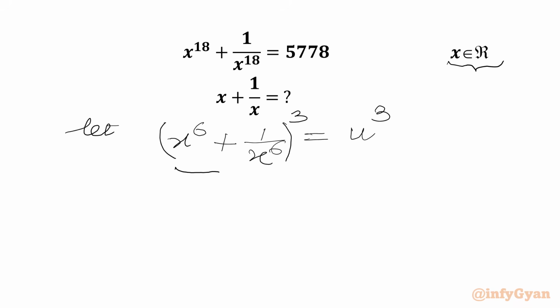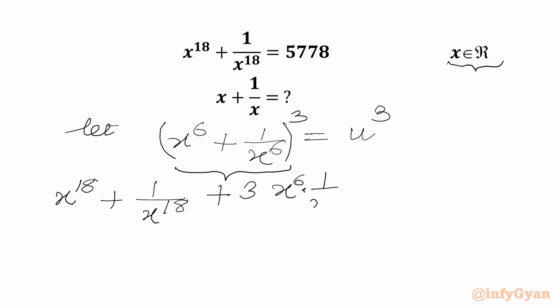Now we will be applying the a plus b whole cube formula here. So we will write x power 6 whole cube. Using exponent law, we can write x power 18 plus 1 over x power 18 plus 3 times x power 6 times 1 over x power 6 times x power 6 plus 1 over x power 6, will be equal to u cube.